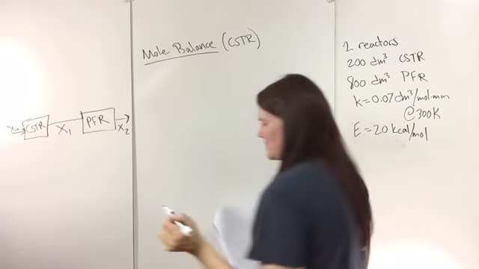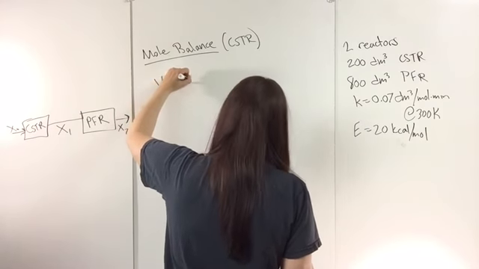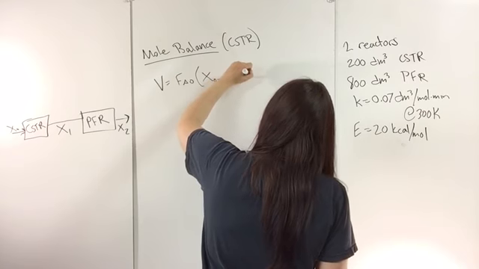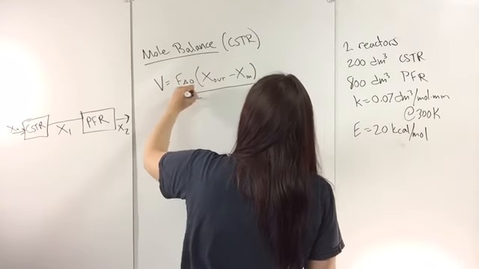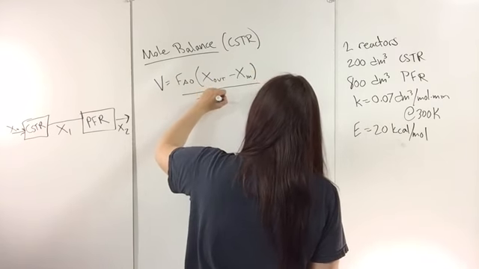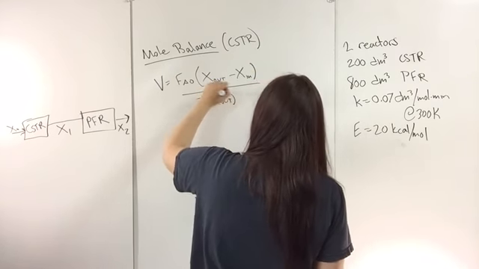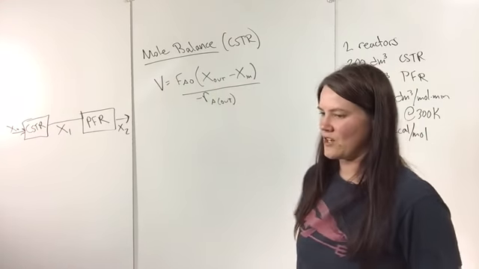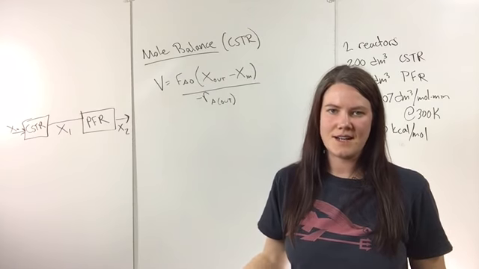So V is equal to FA naught, X out minus X in, over minus RA. If you go back and look at the mole balances at the end of chapter 2, you'll notice that they're actually written in terms of X in and X out.